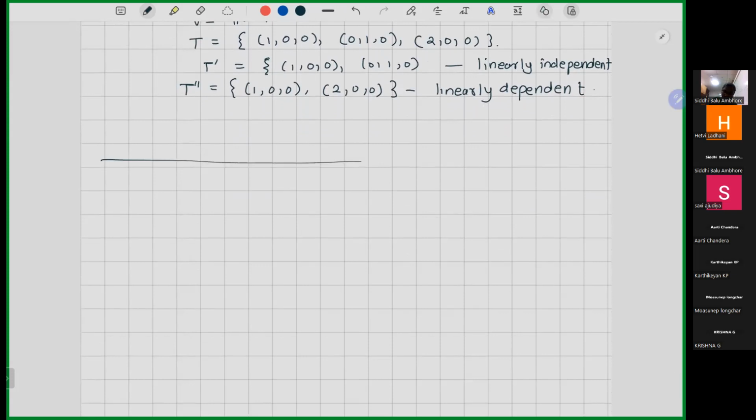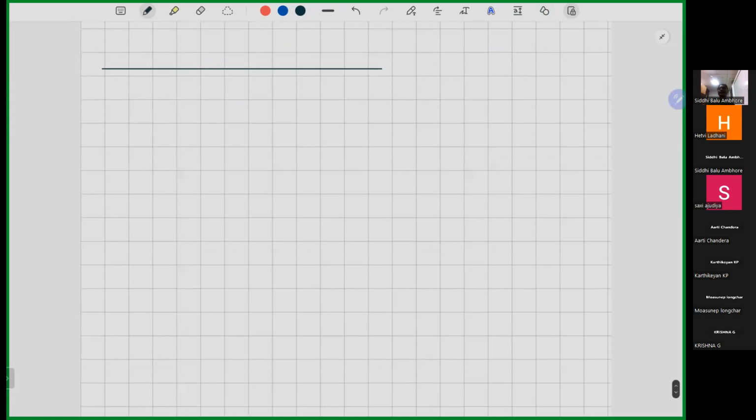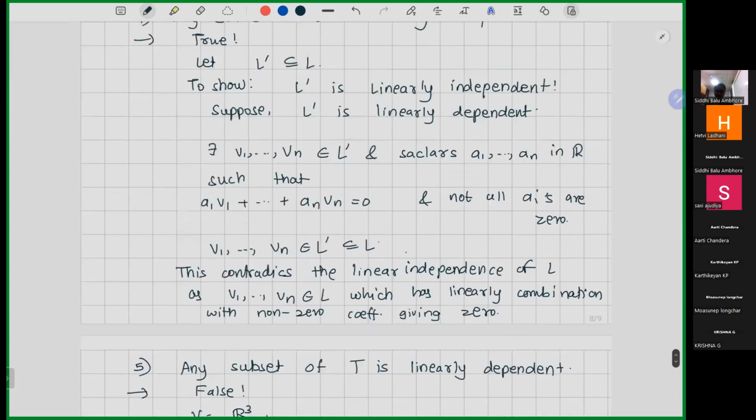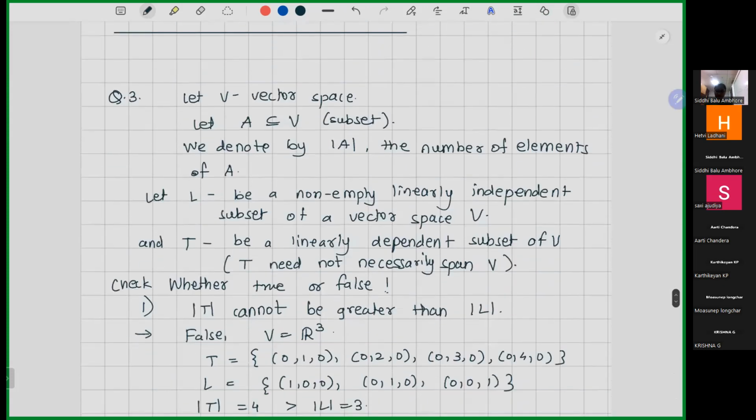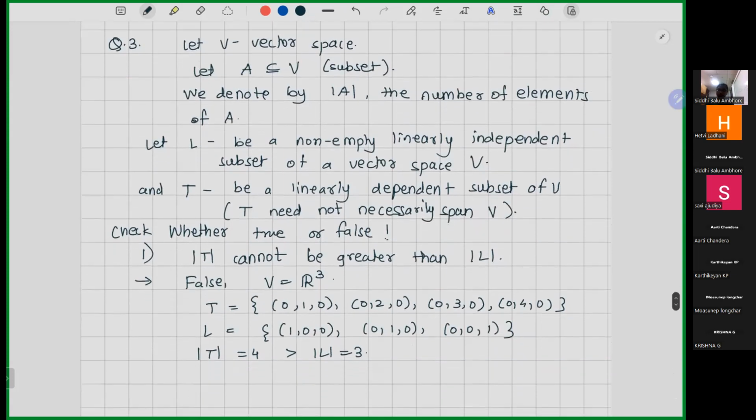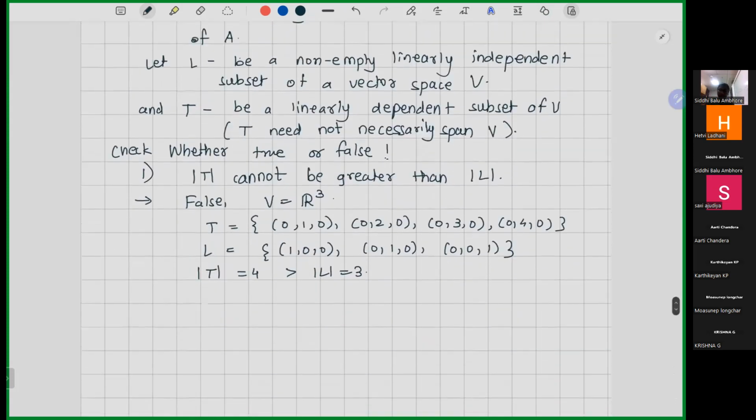If any doubts, please feel free to ask and write it in the chat. These questions were related to the cardinality and subsets of linearly dependent and independent sets.